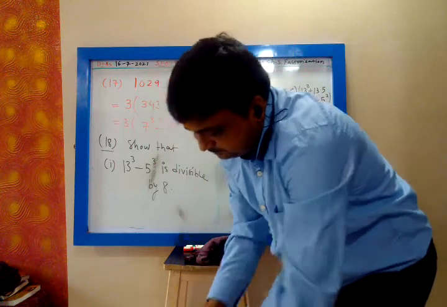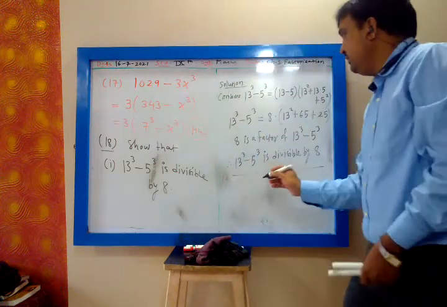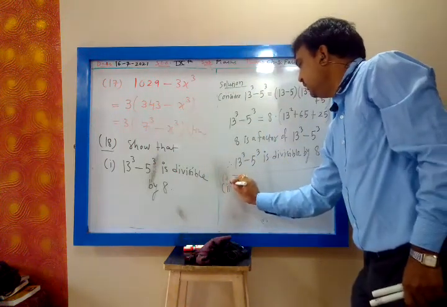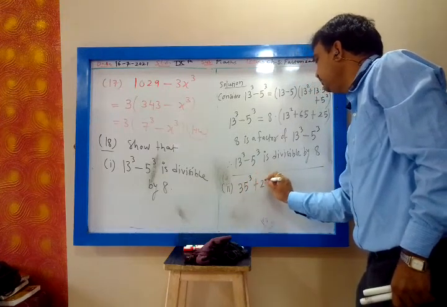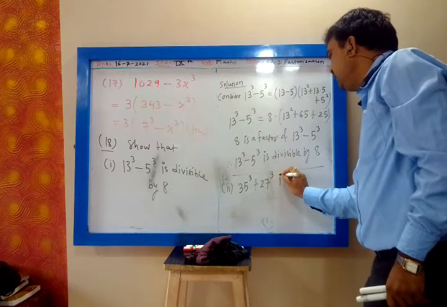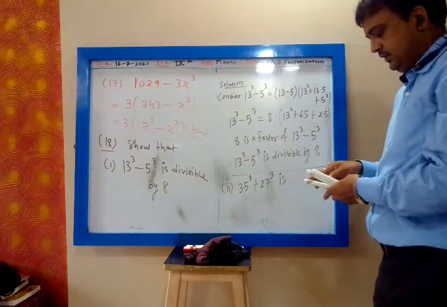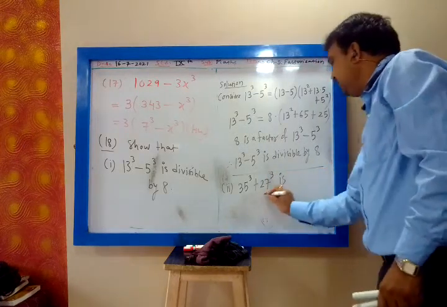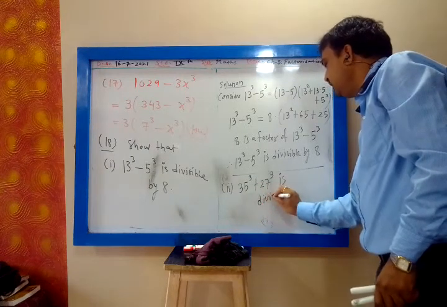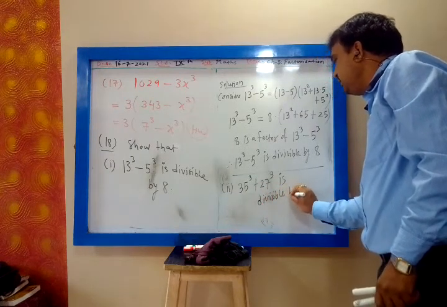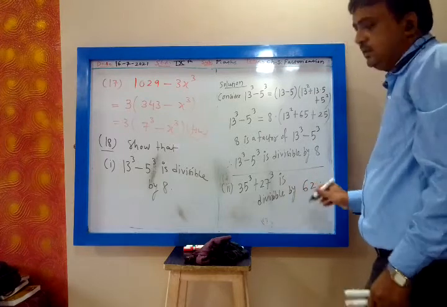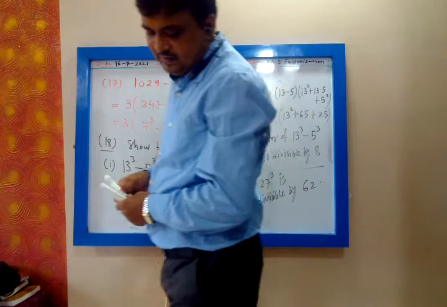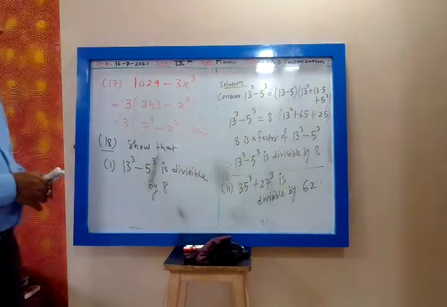Then second part: 35 cube plus 27 cube is divisible by, yes, you can frame the question, is divisible by 62, yes or no?